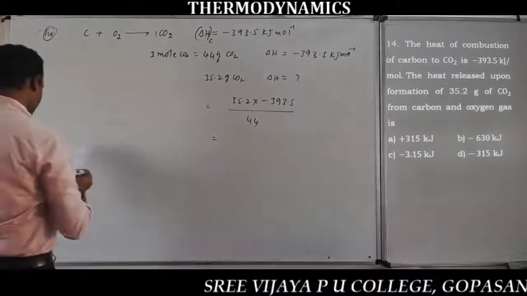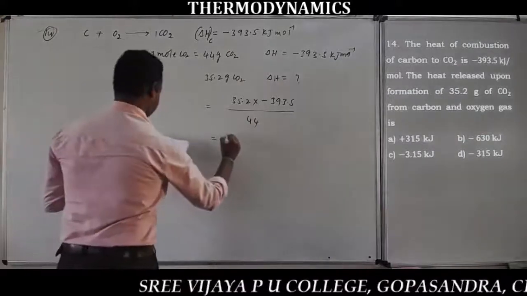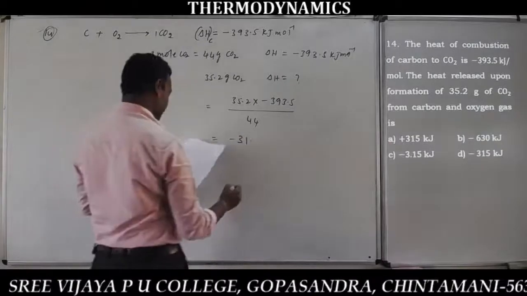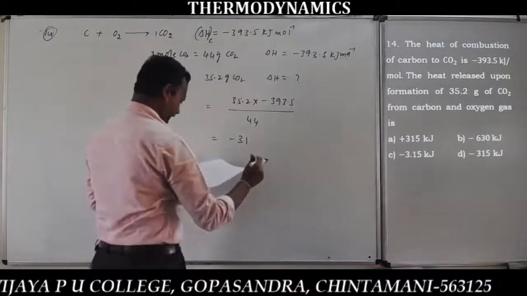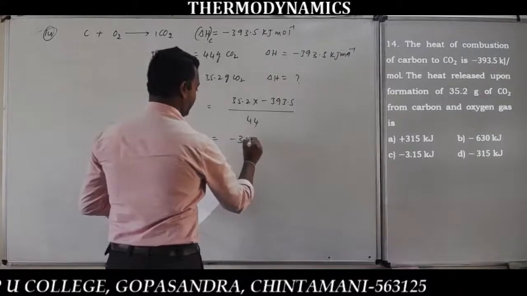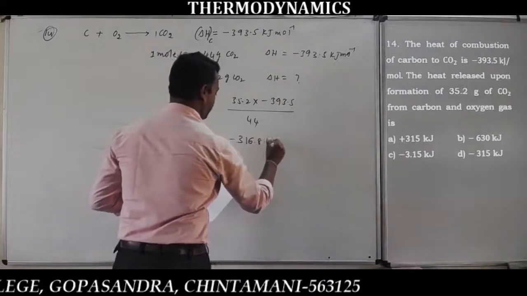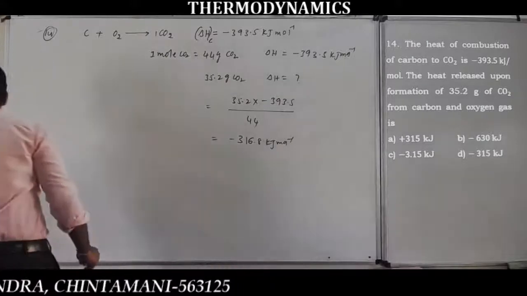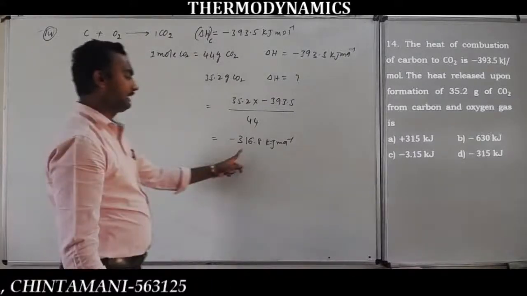So if we calculate, what is the option? That is minus 316.8 kilojoule per mole. So approximately we are taking minus 316.8. Calculate the approximate value.